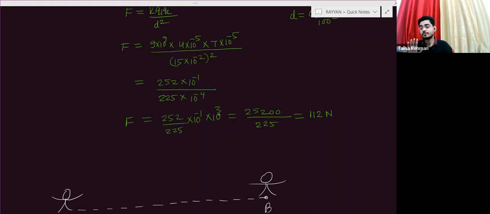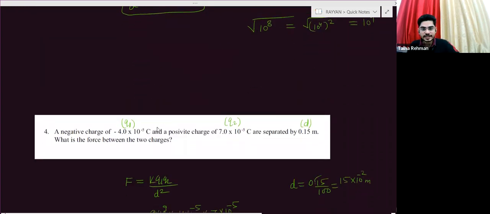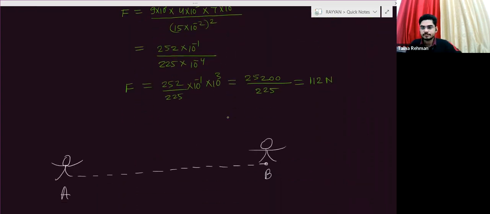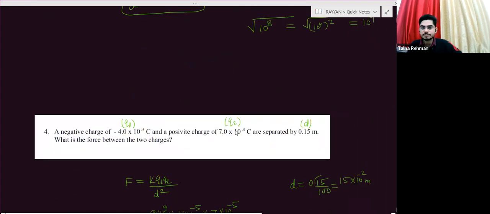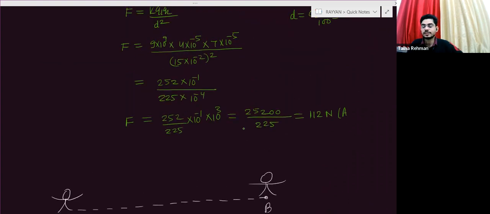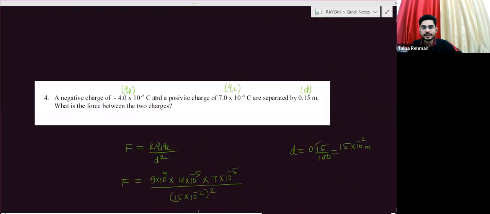And one thing more, this is negative charge and this is positive charge. Force will be attractive or repulsive? Repulsive. No, this is negative and this is positive. Oh, yeah, attractive. So you have to write in bracket attractive also, otherwise your answer will be incomplete because we have not taken the sign.